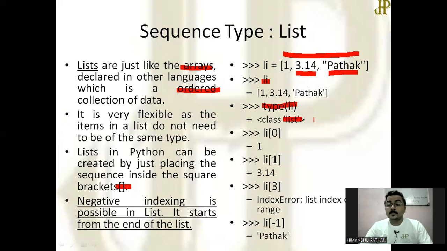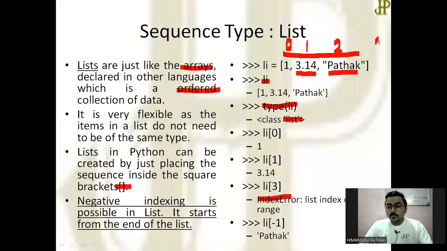Now indexing is also possible. So here you can see that li of 0, so 1 will be fetched and printed. Li of 3 will print an index error. Why? Because there are only 3 values, and they are stored in the 0th position, 1st position, and 2nd position.